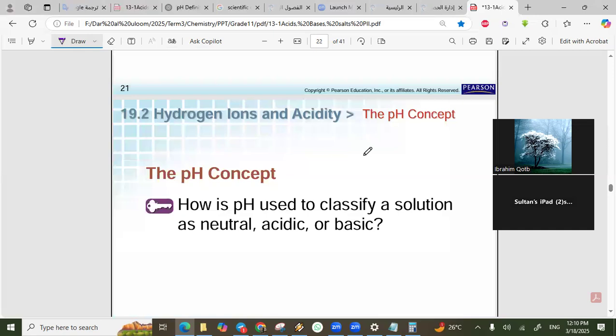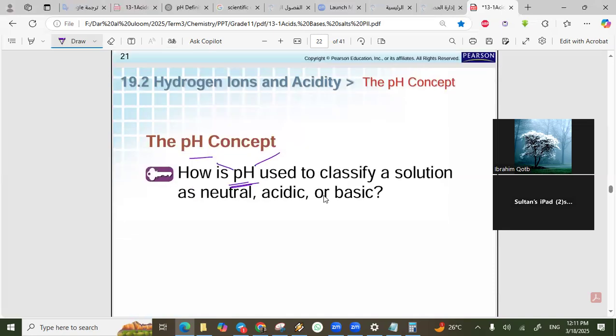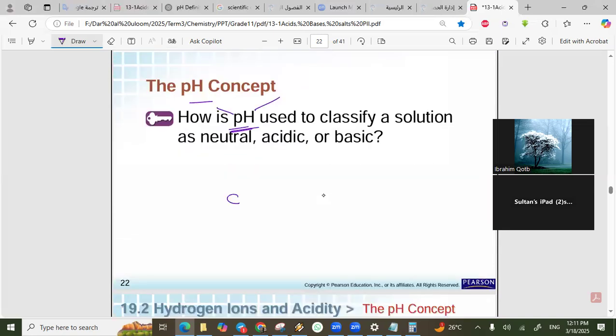There is something called the pH concept. pH is an abbreviation of power of hydrogen. It's a scale from 0 to 14, and it tells us whether the solution is basic, acidic, or neutral.